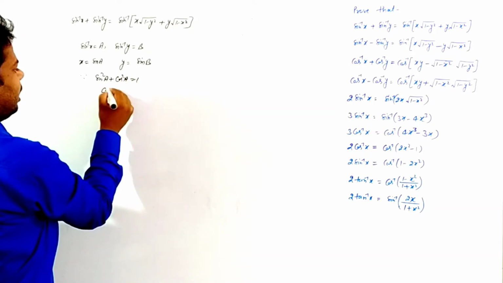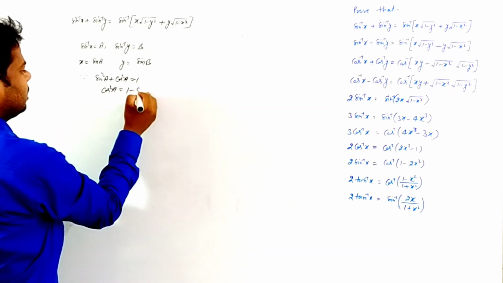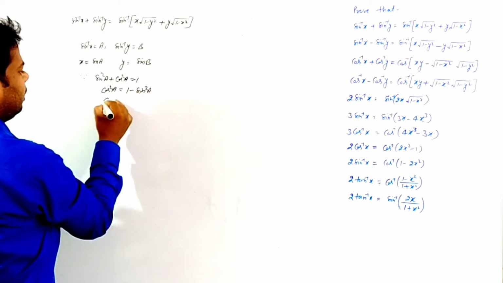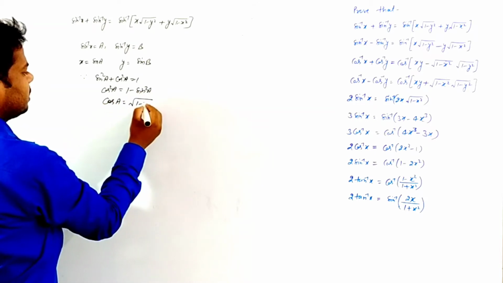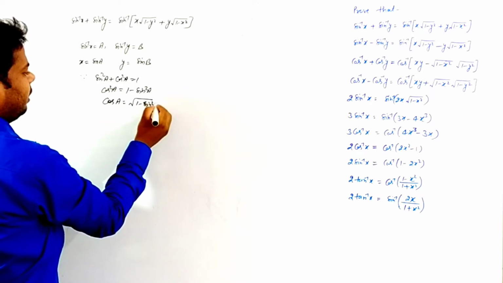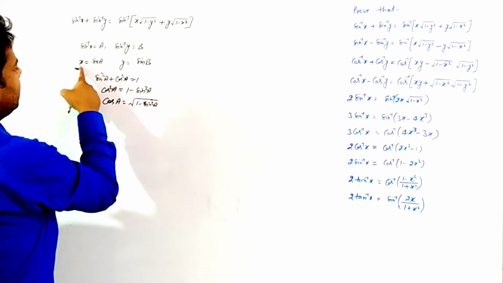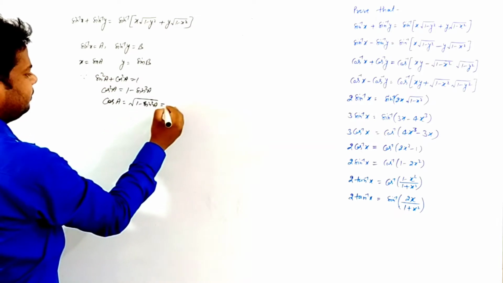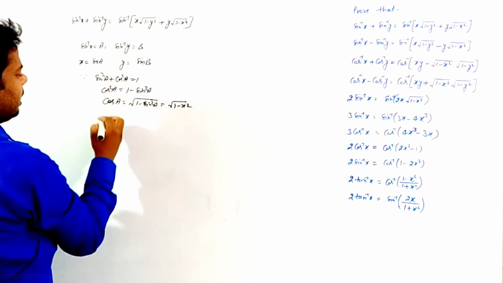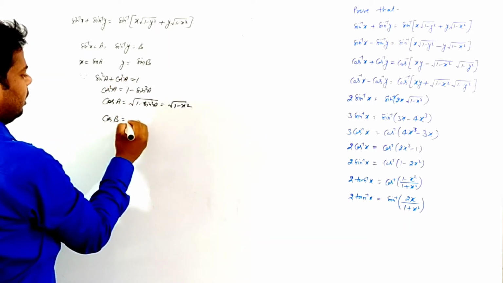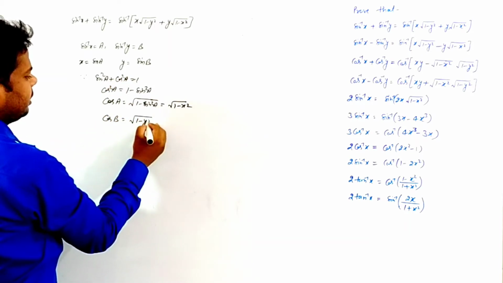Then cos square a is equal to 1 minus sin square a, and cos a is equal to under root 1 minus sin square a. Since sin a is equal to x, we can write under root 1 minus x square. Similarly, cos b is equal to under root 1 minus y square.